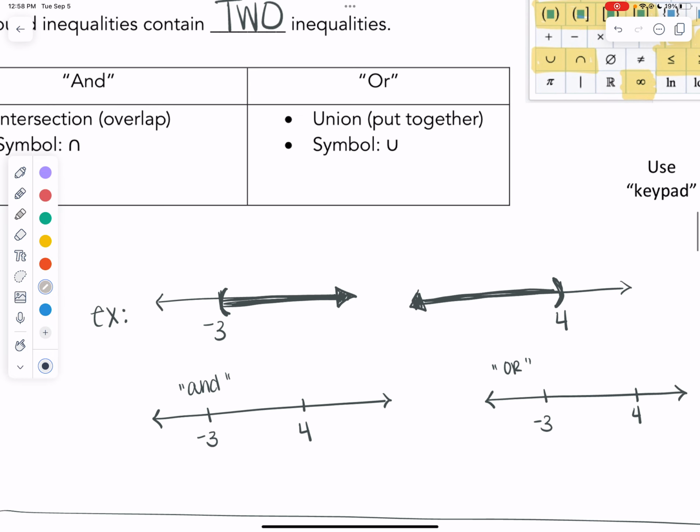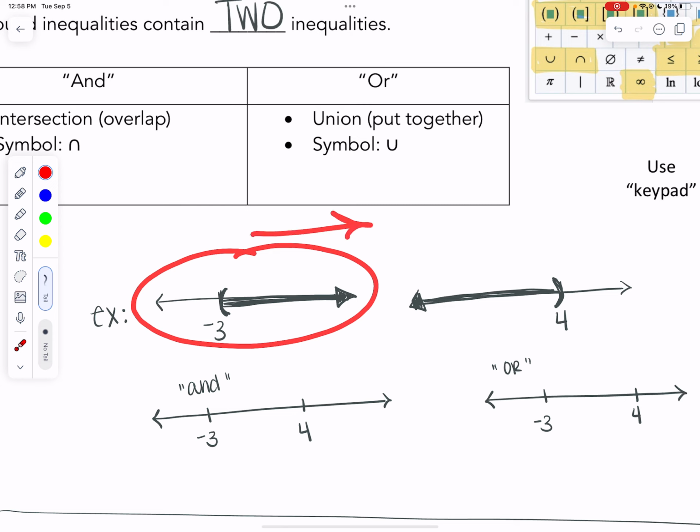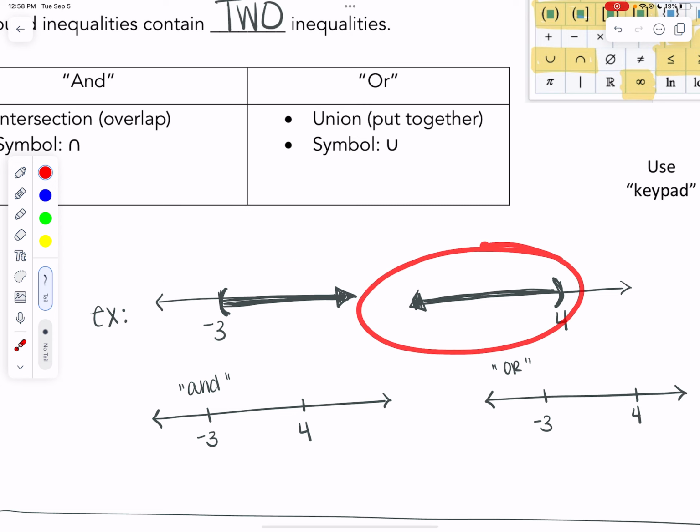So here's the first one, and pretend that I have solved the equations and graphed it, and here's the graph I have. Let me get my highlighter. I've got negative 3 off to infinity, and 4 to negative infinity.